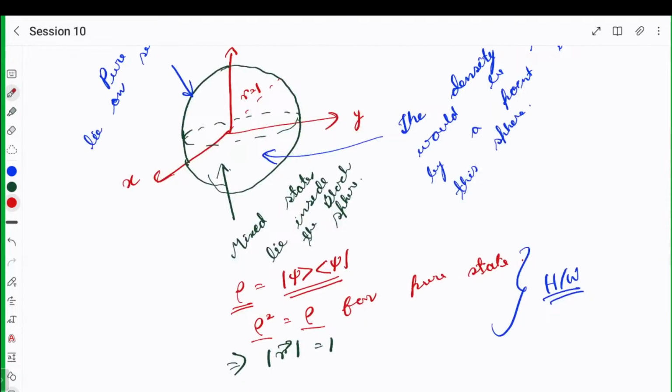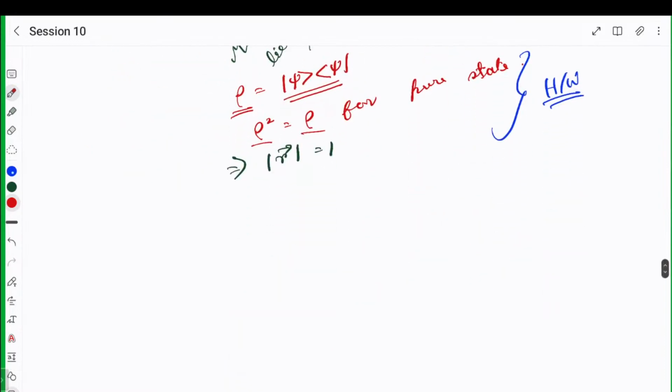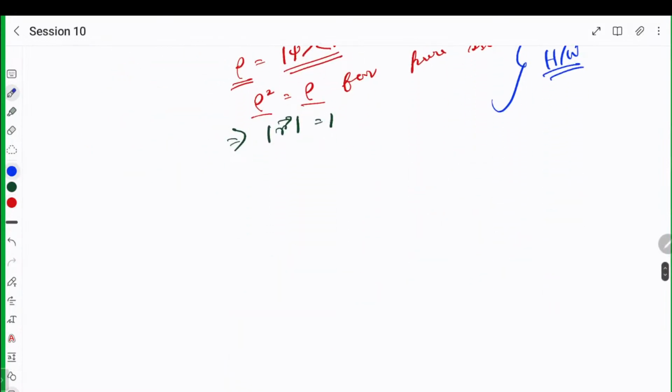Okay. Now, let's say we take two density matrices, and let's say they are density matrices corresponding to pure states. Let's say rho 1 is |psi><psi|, and of course it can be written in the form (I plus r1 dot sigma) divided by 2.